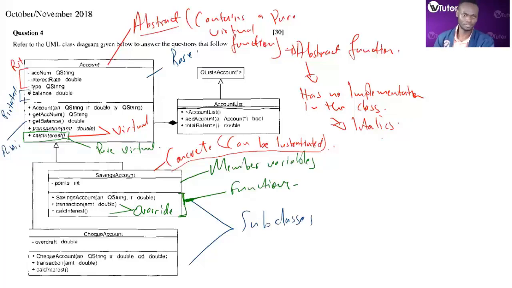If a function is pure virtual inside your base class, in other words, if your function does not have an implementation inside your base class, that means inside your subclass, you must provide that implementation.